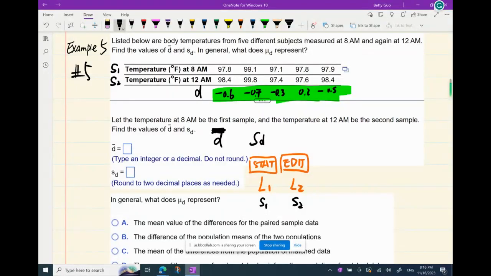And I'm going to enter the 5 values of sample 2 in L2. Okay, double check your answer.